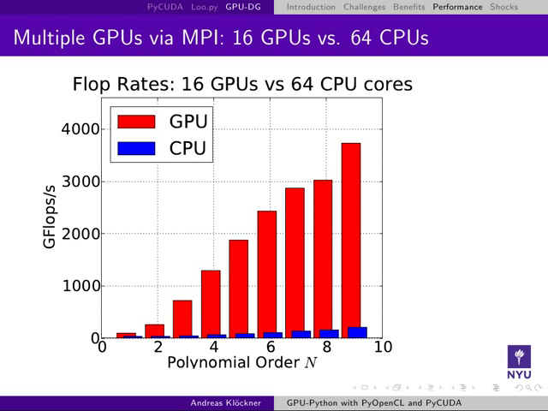No, this is bigger flux across the whole aggregate machine. So I might as well have done 16 cores here, and it wouldn't have looked too much different. Right. Yes.